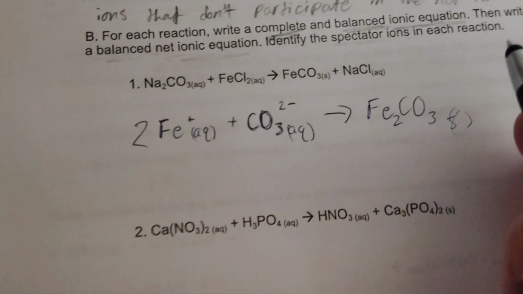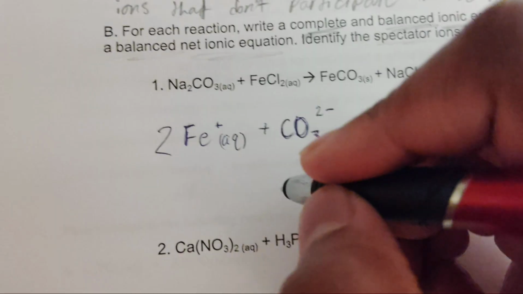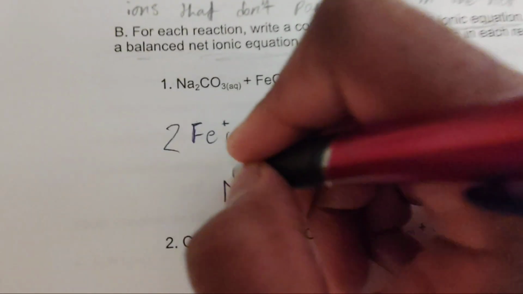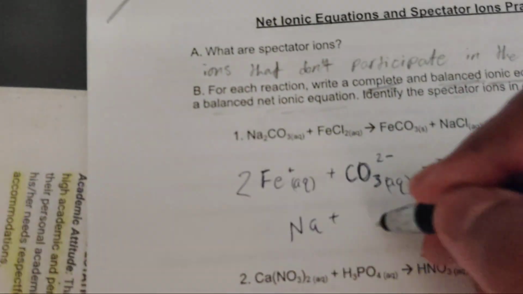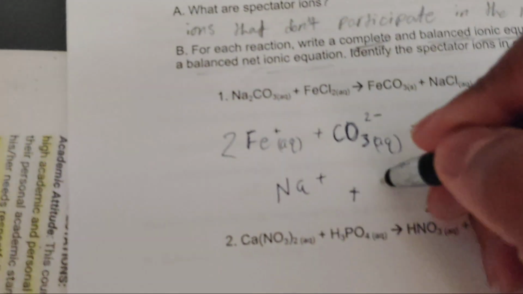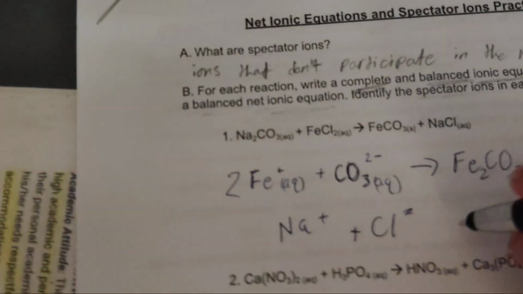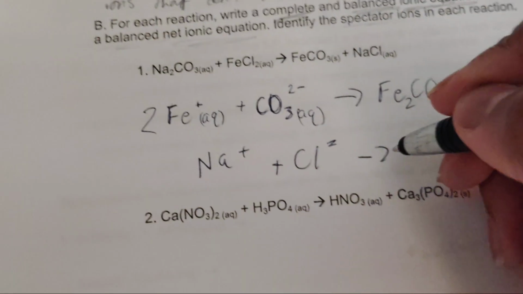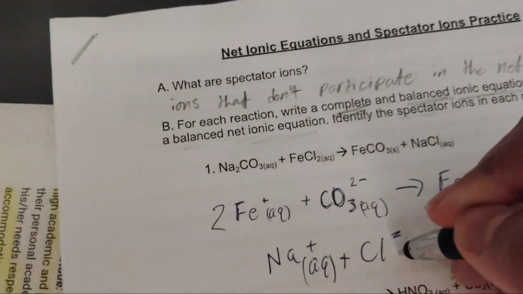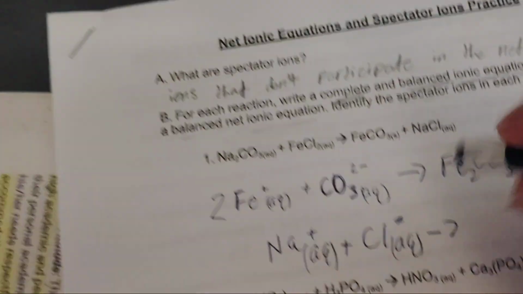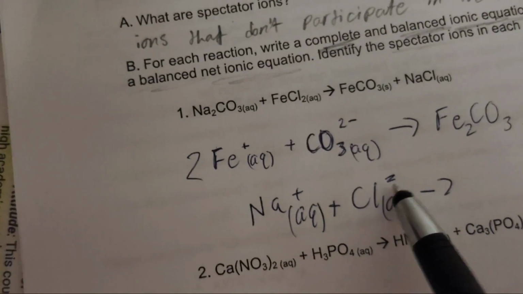For the spectator ions, it would be Na+ and Cl-, which yields, and these are going to be aqueous. So don't forget to put your aqueous and your charges.